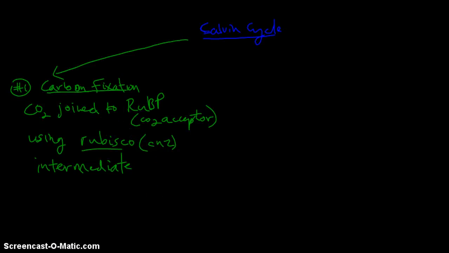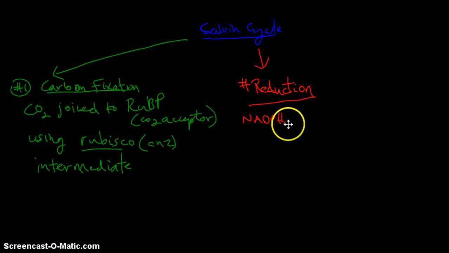Now, the second step is that sugar production phase. So step 2 is a set of reduction reactions. So in reduction, NADPH and ATP are used to make that sugar G3P.